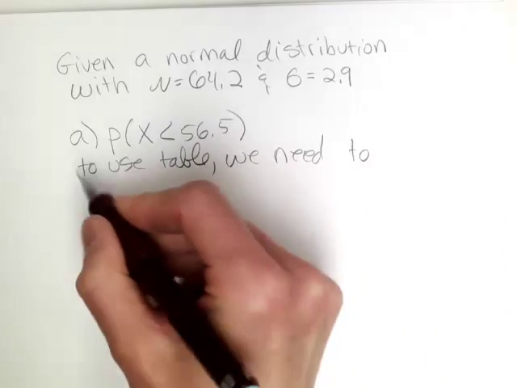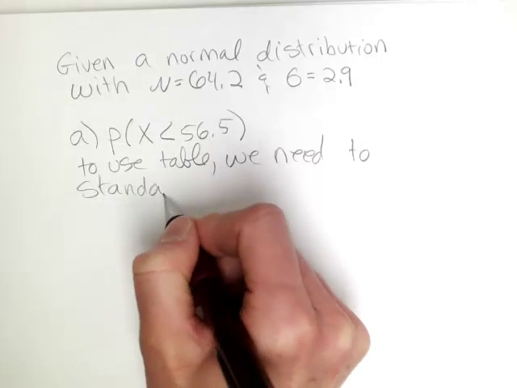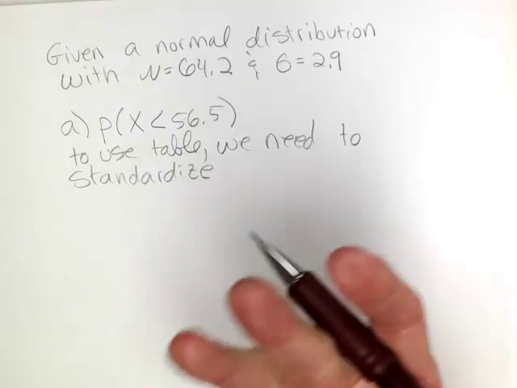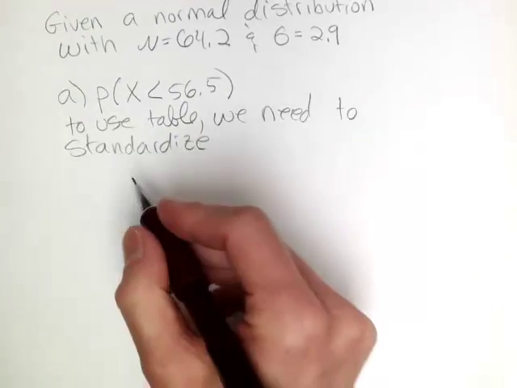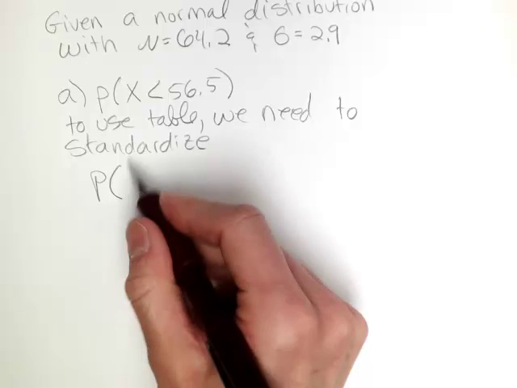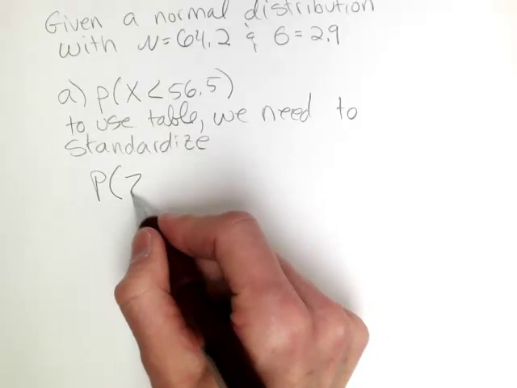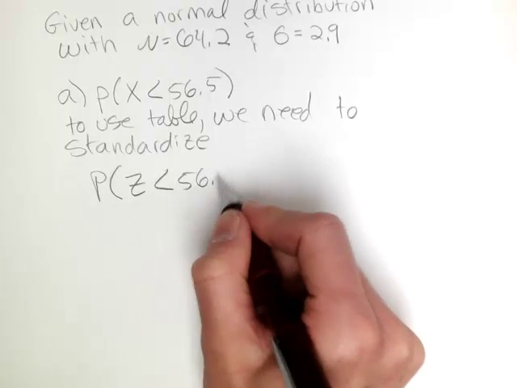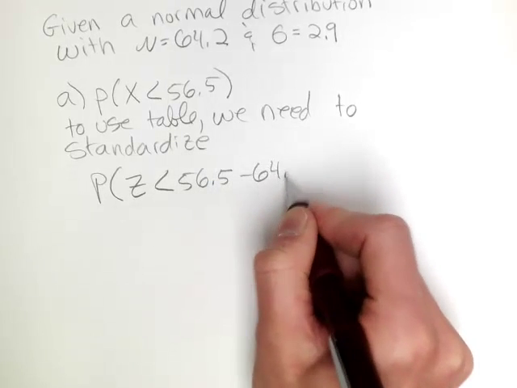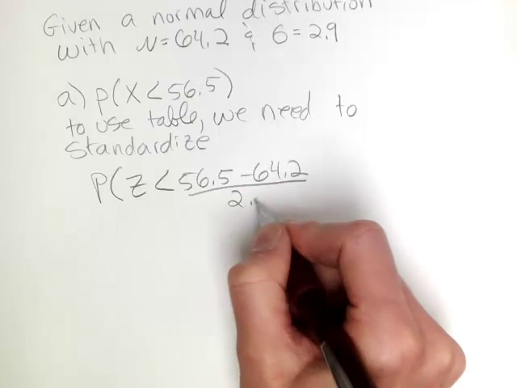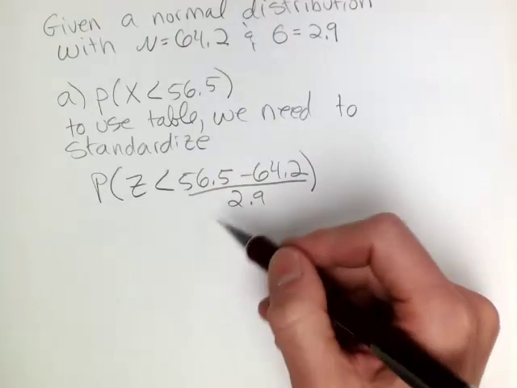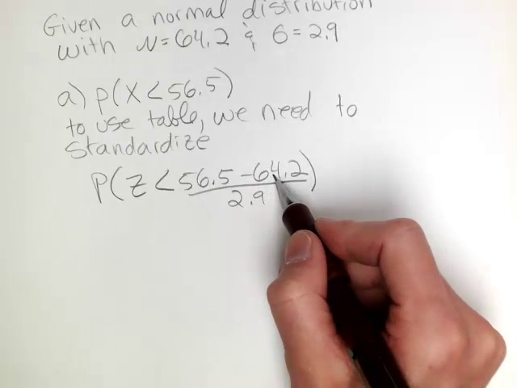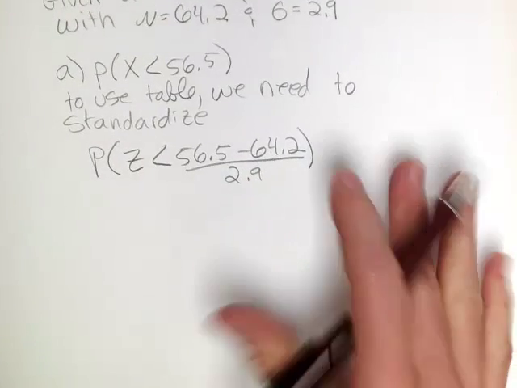Now I am perfectly fine with you using technology. I'm just showing you this process. I'll just do it for part A. So I want to convert this x value to a z-score. That's the same thing as saying probability z is less than 56.5 minus 64.2 over 2.9. Remember, the z-score formula is your x value or your observation minus the mean divided by the standard deviation.